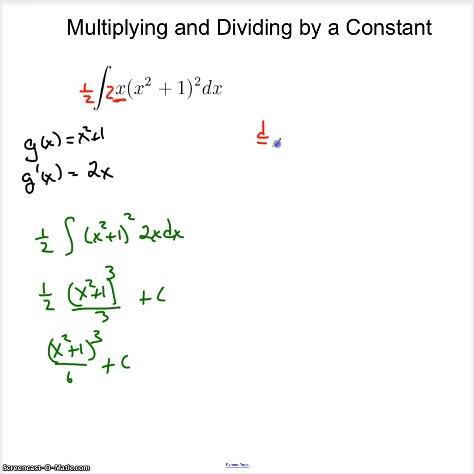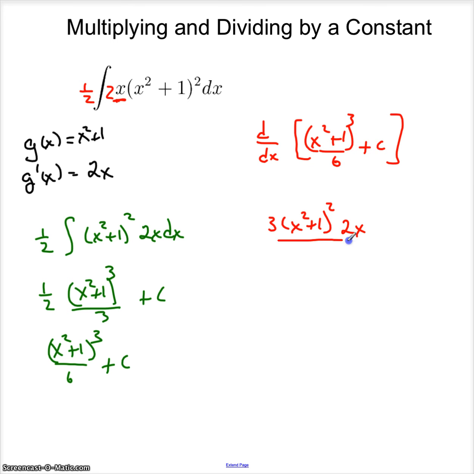The derivative with respect to x of x squared plus 1 quantity cubed divided by 6 plus c is, let's see, 3 times x squared plus 1 squared times the derivative of the inside, which is 2x, divided by 6 plus 0. So let me simplify, and I get x squared plus 1 squared times x. They agree.